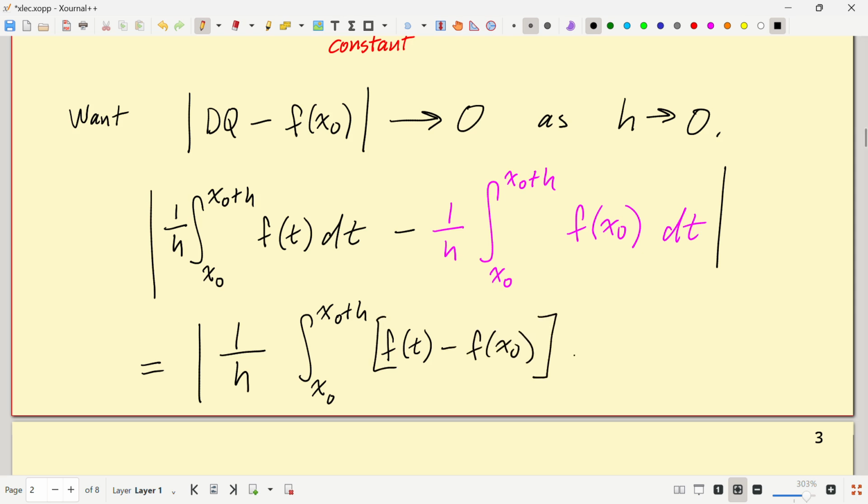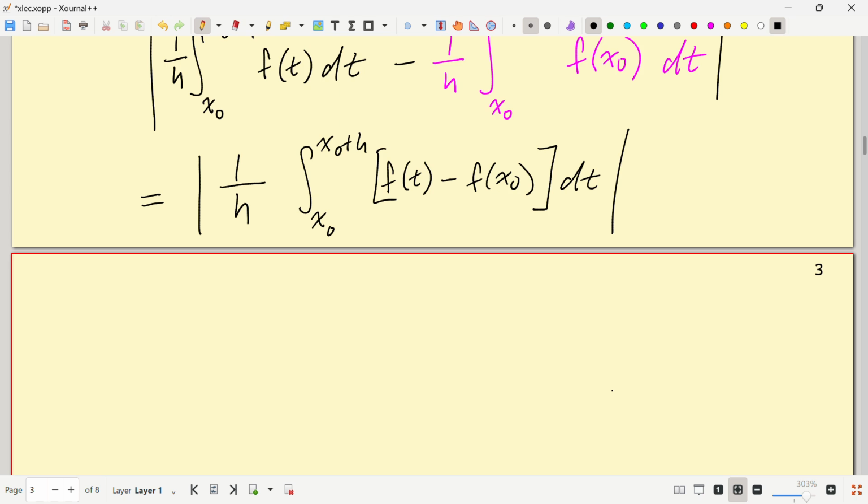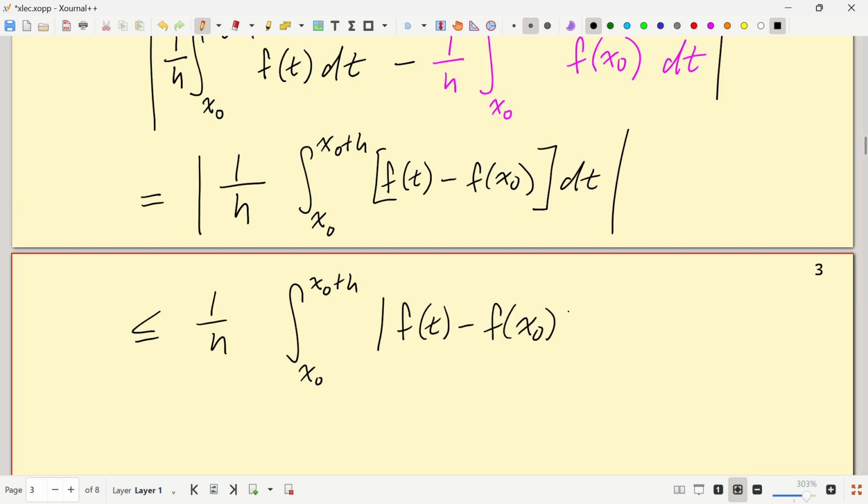That's a small thing, because f is continuous, dt. And now I use that estimate. This is going to be less than or equal to 1 over h times the integral from x naught to x naught plus h of the absolute value of that thing, which is small. And how small is it?